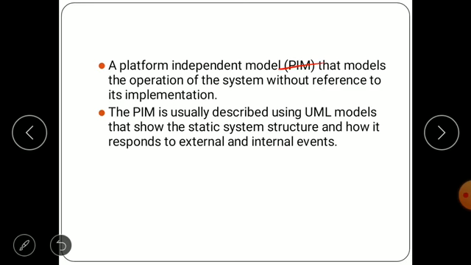The PIM is usually described using UML models that show the static system structure and how it responds to internal and external events.